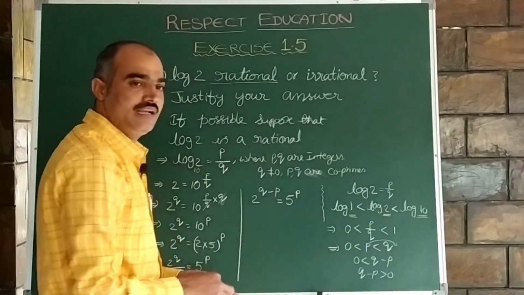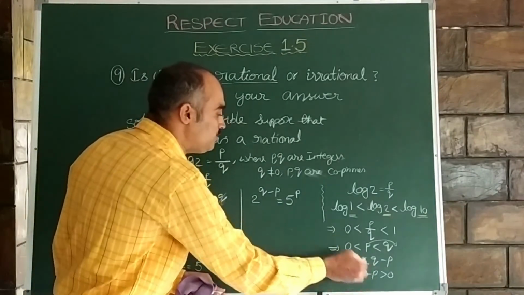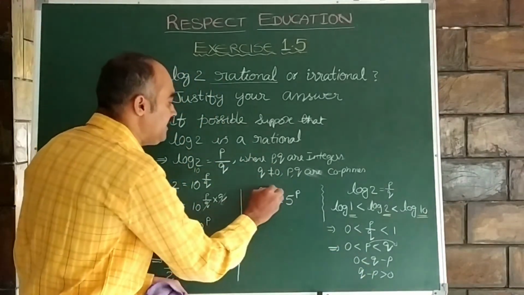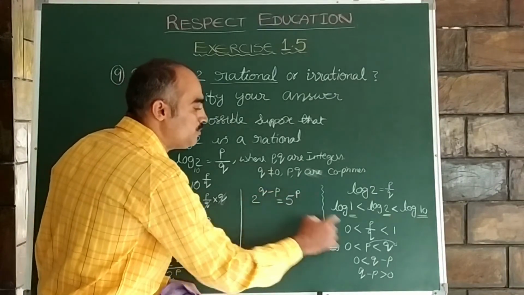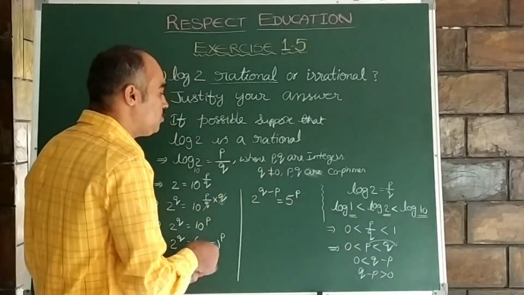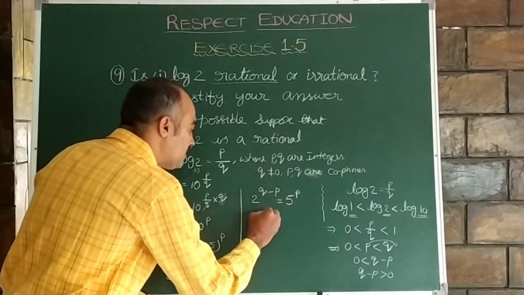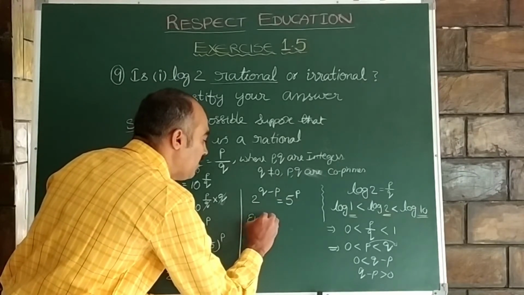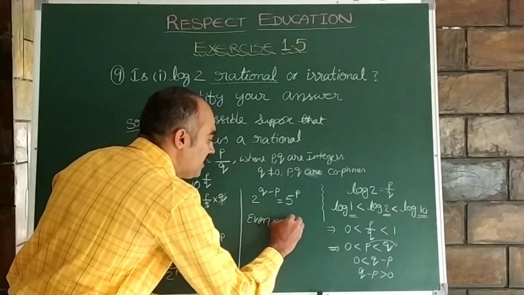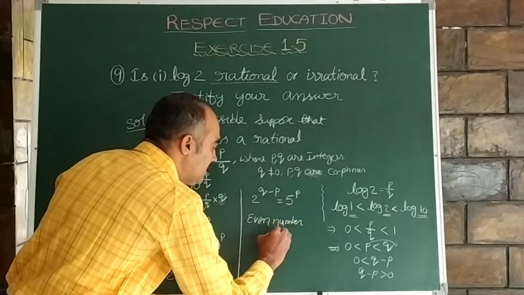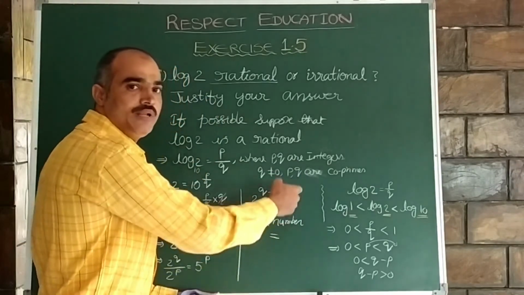Children, we actually entered this sub case because of this step: 2 power q minus p is positive. So it is 2 power something, and 2 power something is always an even number. This is equal to 5 power p.